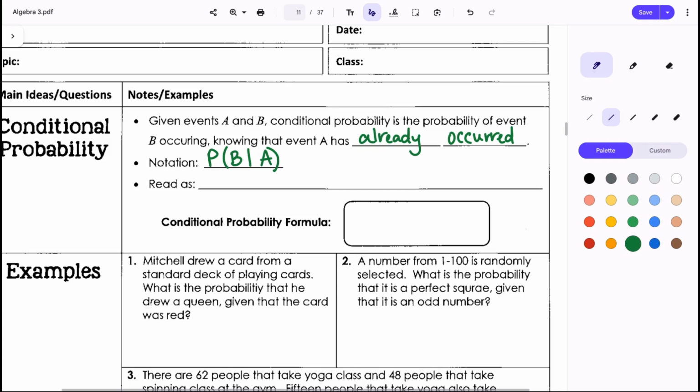So this is saying, what's the chances of B happening given that A has already happened? That line, if I were to read it, would say given. So down here it says read as the probability of B given A.